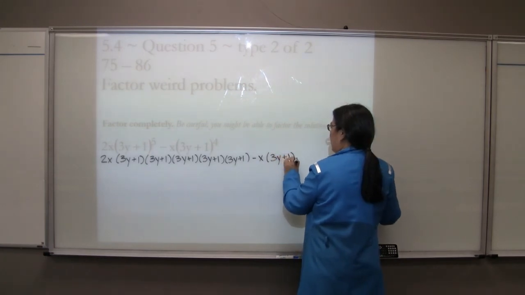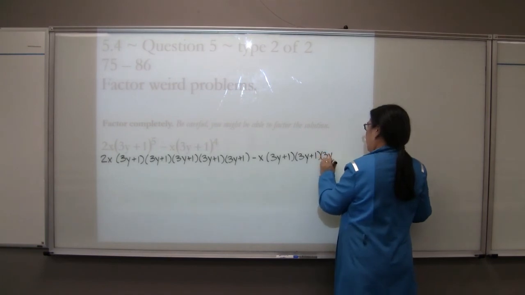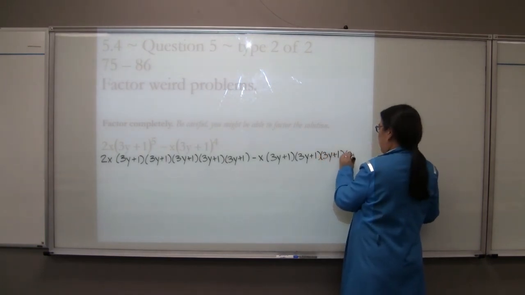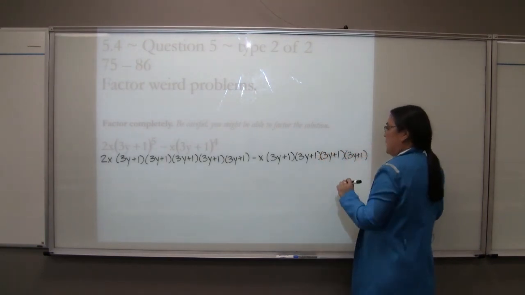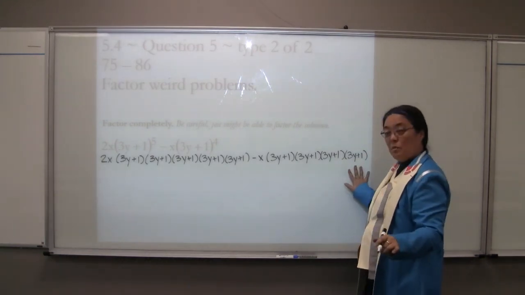Or 4 times. But by writing it out this many times, you'll see that the GCF is 3y plus 1.